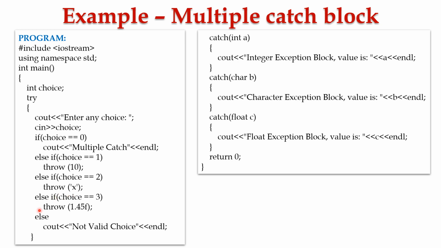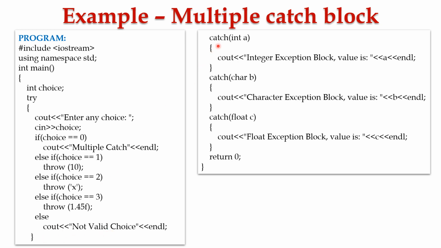Next, we verify whether the value of choice is equivalent to 3. If it is true, it throws the floating point exception with value 1.45. Next we have the else statement here. Using the cout statement, a "not valid choice" message is displayed to the user and the try block ends here.